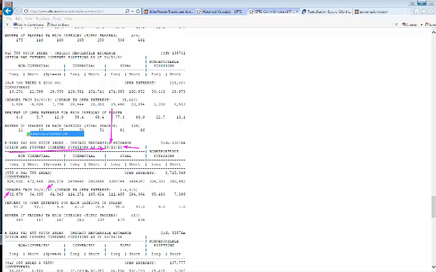You just have to be taught how to read this effectively. If it's a negative number, that means they got out of 7,000 shorts last week. From the 7th to the 14th, they got out of 7,000 shorts, and they added 65,000 long positions.